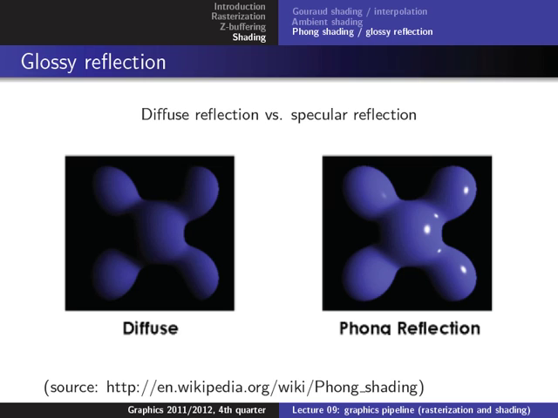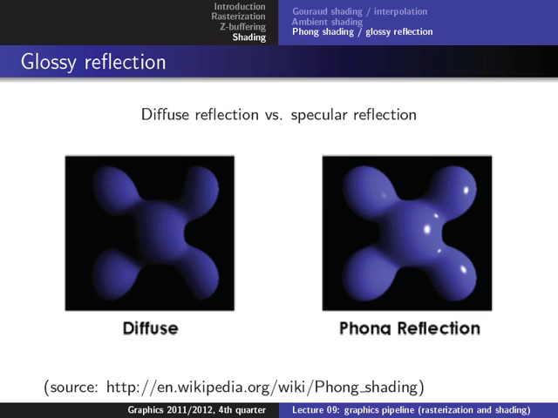From the diffuse light, we go to the so-called specular reflection or glossy reflection, which is the reflection where we have these light spots. Obviously, the way we discussed it so far, we didn't make any differences between these different areas.